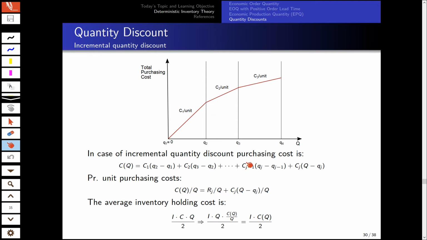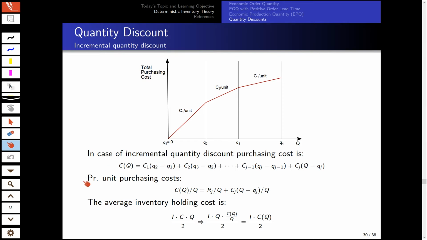So here we see this is C_{j-1} for the last discount level that we get, plus the general or last one, where Q is in the range between Q_j and Q_{j+1}. That would be the general form of writing it.